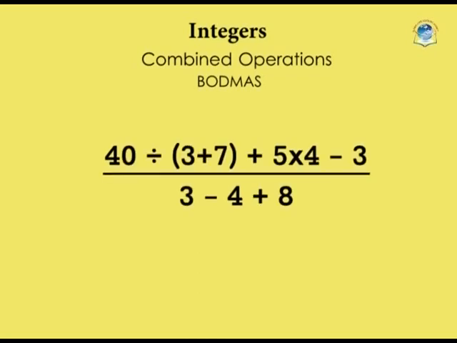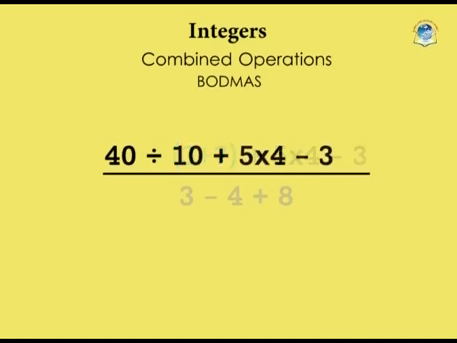Now consider 40 divided by in bracket 3 plus 7, plus 5 times 4 minus 3, everything over 3 minus 4 plus 8. We start with the numerator. In the numerator, we start with the brackets. 3 plus 7 will give us 10.